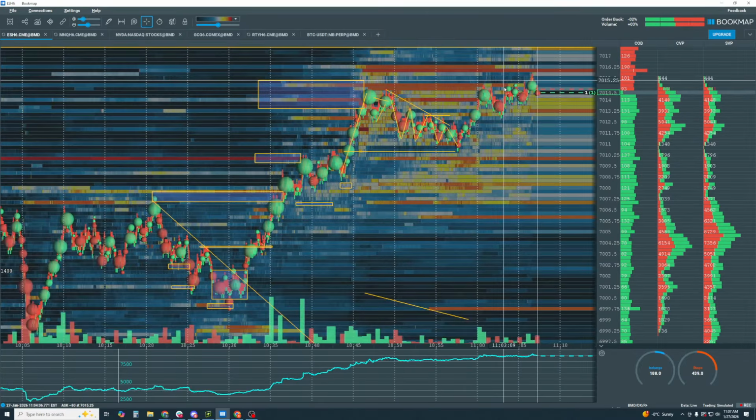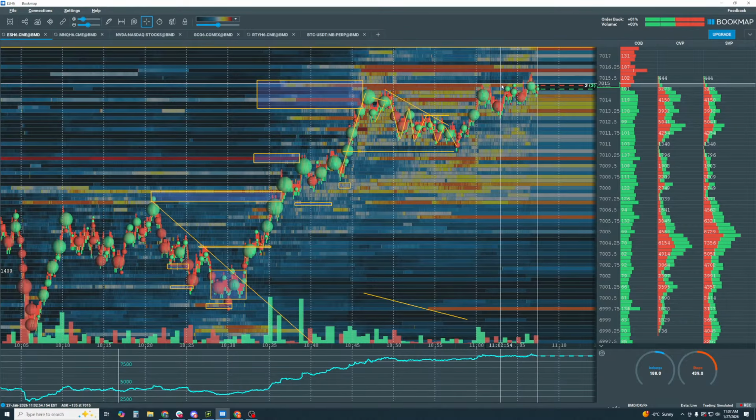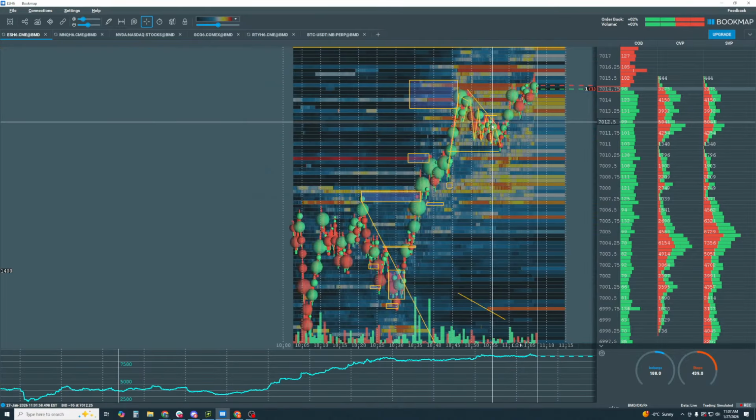So that's another thing to take a look at and consider about market timing on time of day. So are we really looking for that really big impulse move at this time? No, we're not. So it's still continuing to go higher.